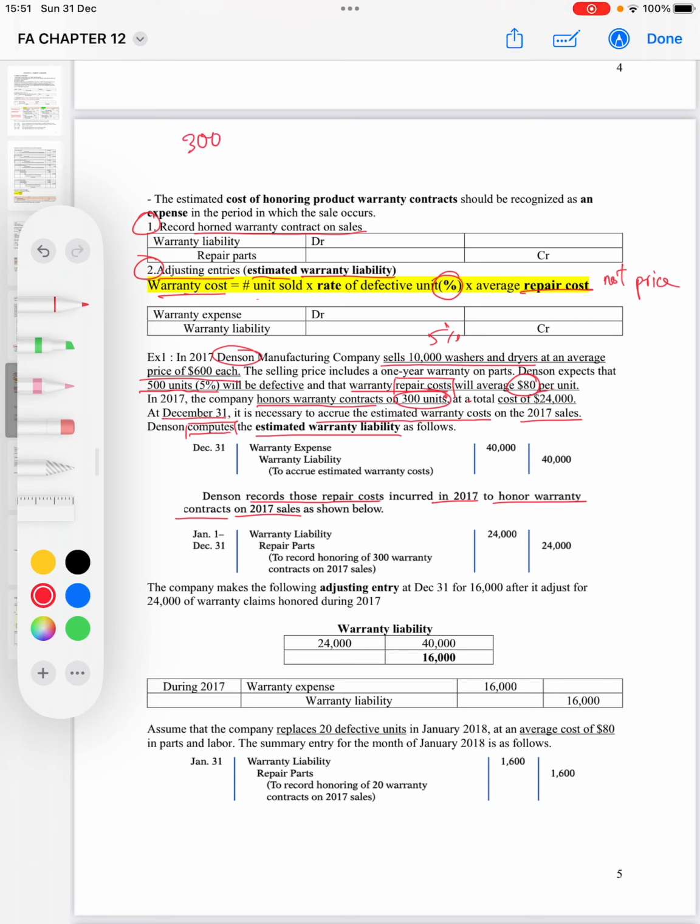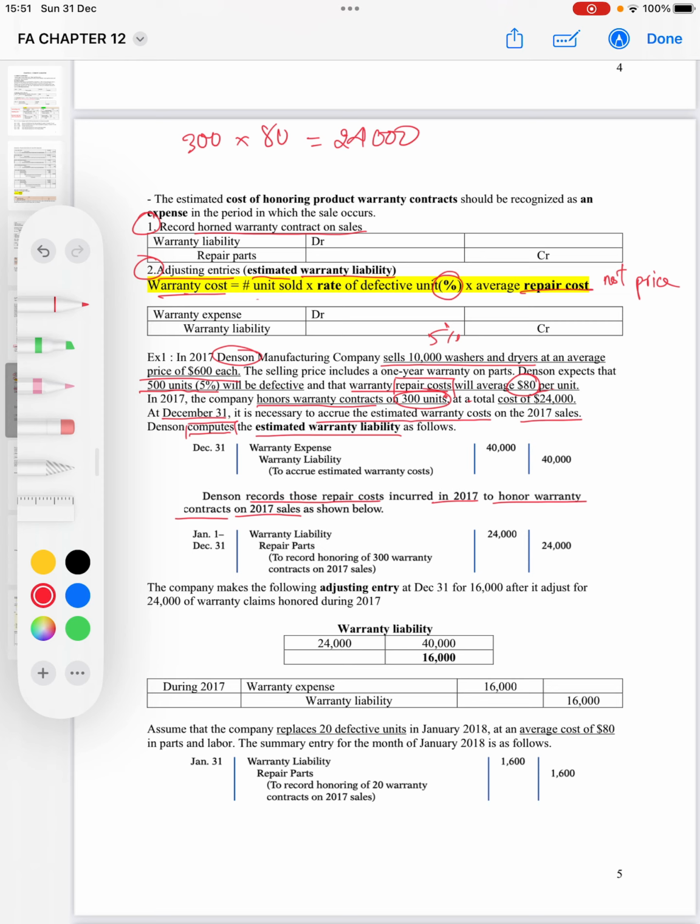The cost of it, you will use the amount that they honored, 300 units multiplied by the repair cost of 80. Then you will get the amount of repair parts, the cost of repair, which is 24,000.